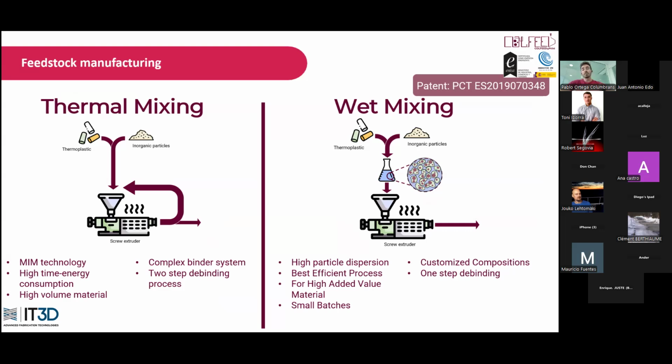In the wet mixing route, we are able to use ceramic nanoparticles, increasing their content. As Tony told us before, there is an advantage in the use of hopper systems, and we can manufacture custom compositions because we reduce the quantity of material that we produce, and we reduce the energy of the whole process.